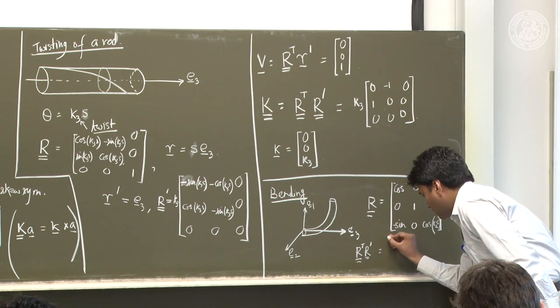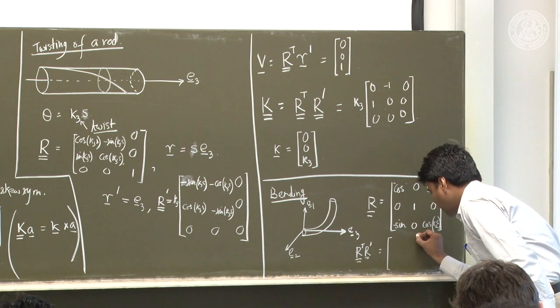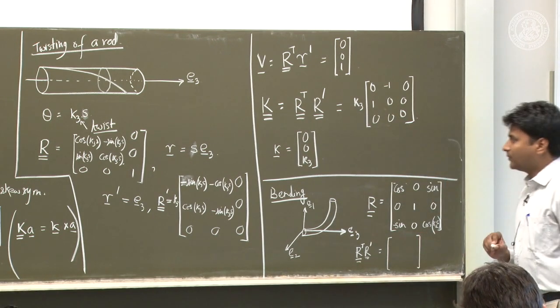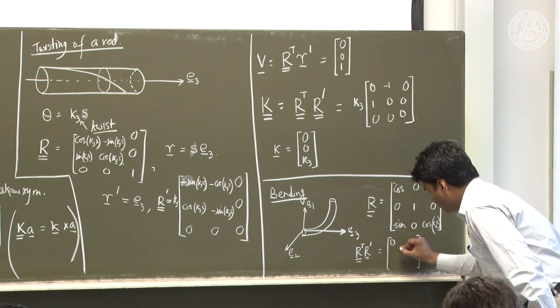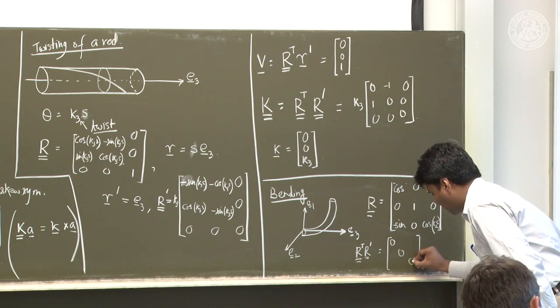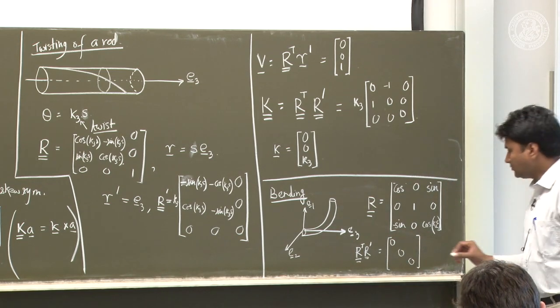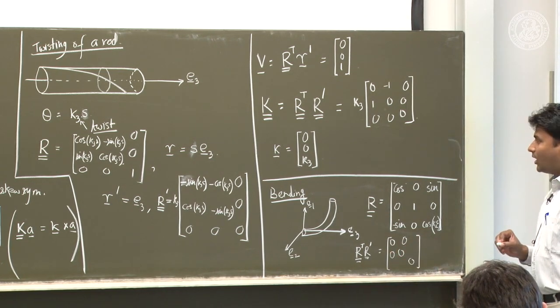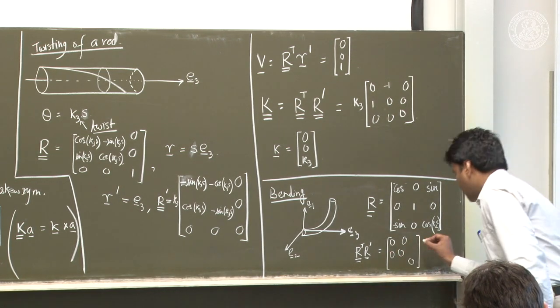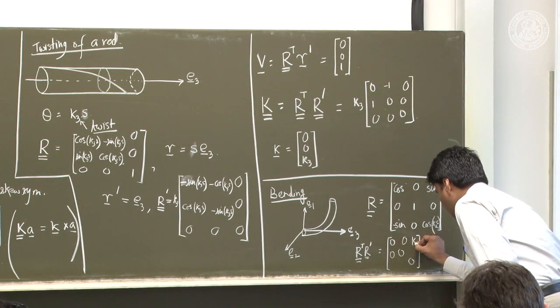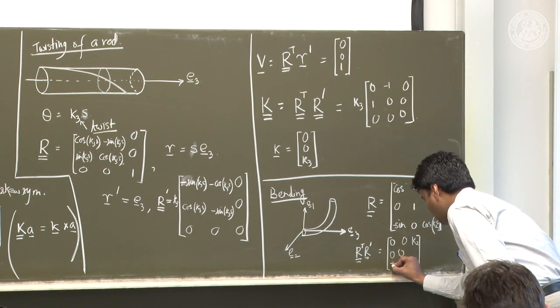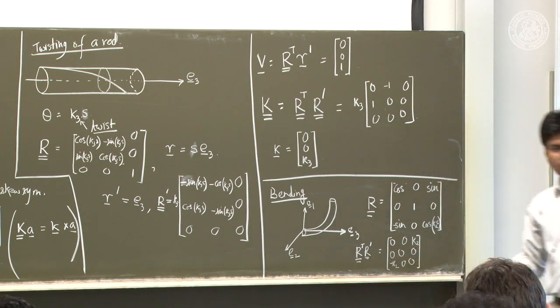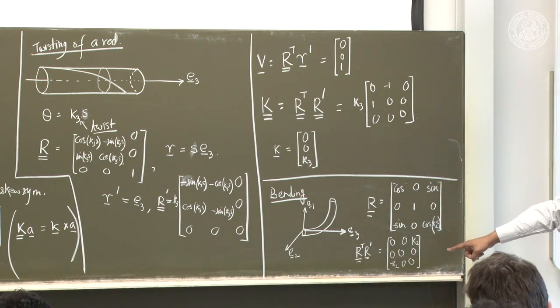You will simply get 0, 0, 0, 0, 0, and you get a K2 here, minus K2 over here, then 0 here and 0 over here. You can work out and see that's what you will get.